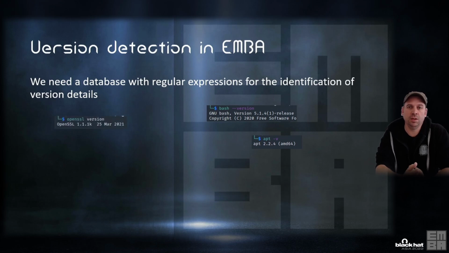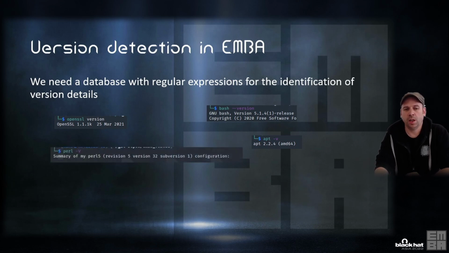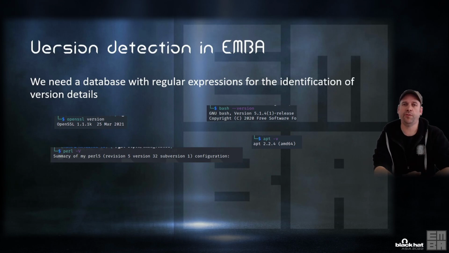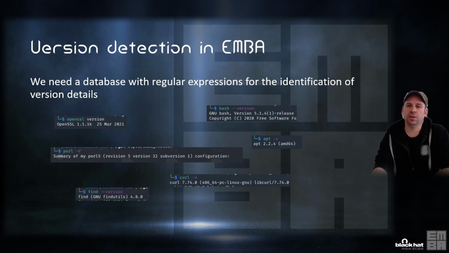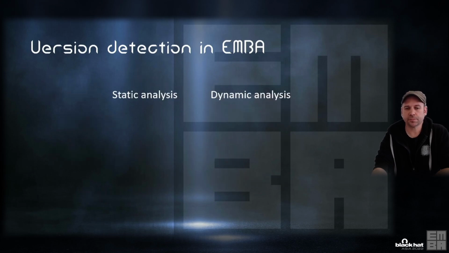On OpenSSL, you query the version number with the parameter version, no dashes. Then you get OpenSSL 1.1.1 and then a letter, in this case k. Interesting is also the version identifier of Perl, -V, and then you get a summary of Perl 5, revision, version, subversion, and so on. You can see that all of these versions look different, and you need to query different version parameters for the extraction of these details.